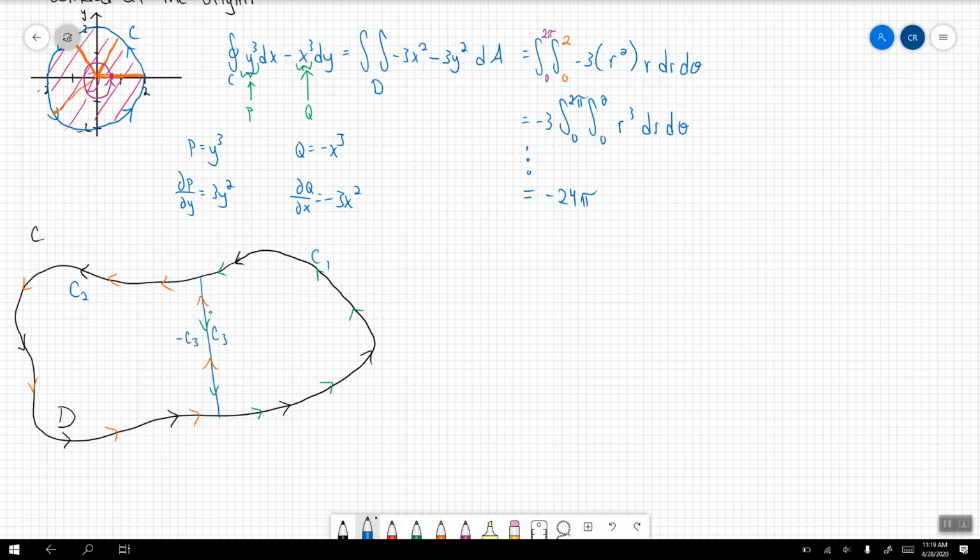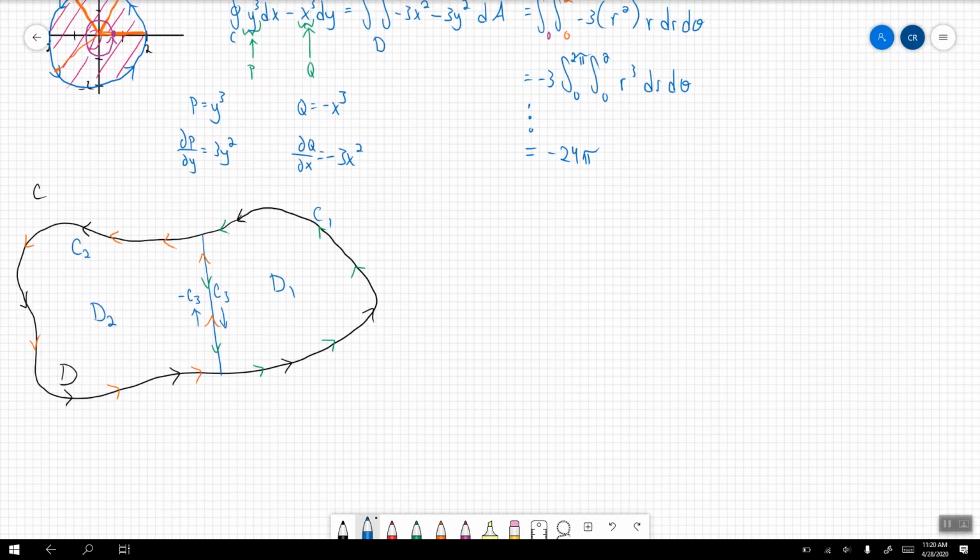Because one way it takes a positive direction, the other way counteracts that direction. So we have these three different curves. Naturally, this subdivides our region D into two different regions: the left region into D2 and the right region into D1.